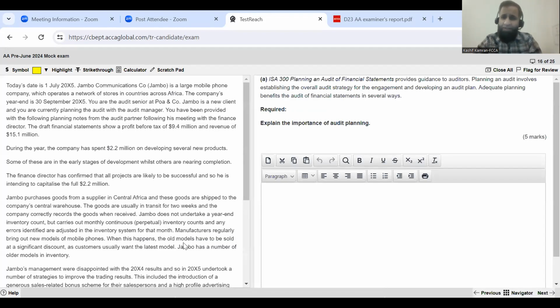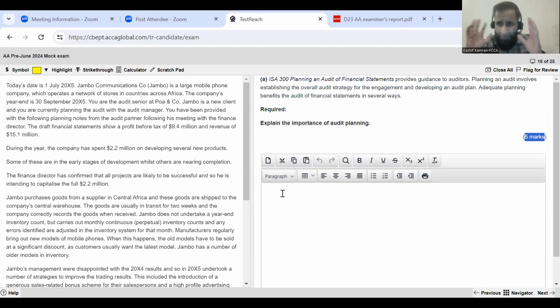Okay. Now look at the first question. Explain the importance of audit planning. Read first. Now, after reading this question, are you sure you will write a direct answer, or will you go and read the scenario? Is it with scenario or without scenario? Direct. How many marks? 5.